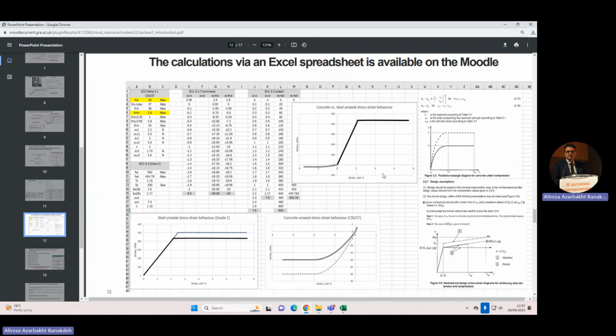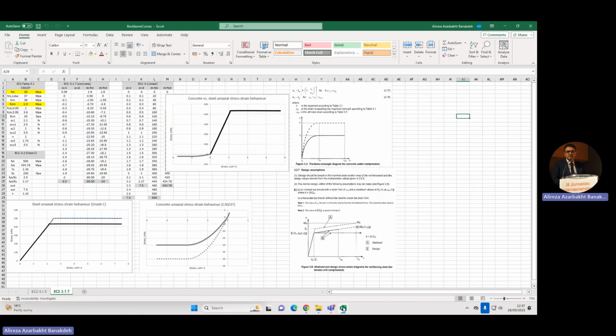So this slide aims to say that all of these calculations are in this Excel file, which is already on the Moodle. Please, when you go home, download it, open it. You did one of the calculations here. For example, Yashir, you did this one. Whatever you have done today is one of these calculations.